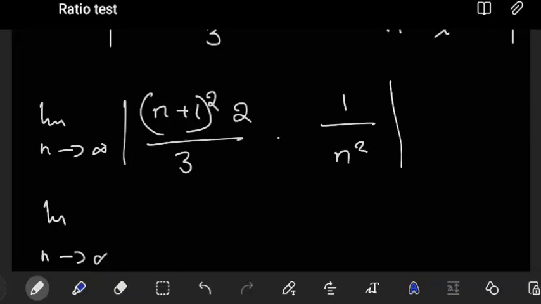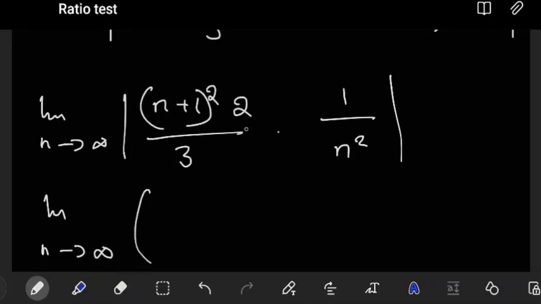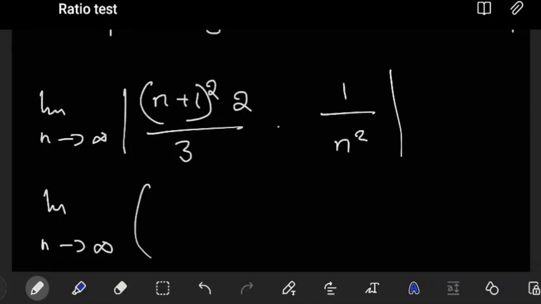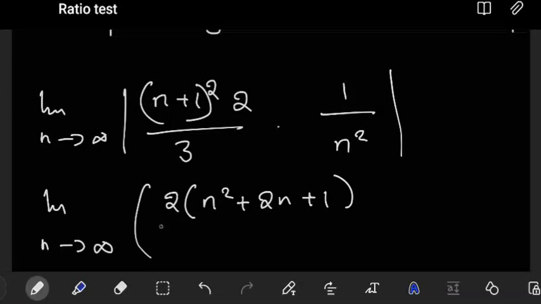This is now just to the infinity. And then I can actually expand that square there, so that in the end, I have 2 multiplying n squared plus 2n plus 1 in the numerator. Then the denominator, I can have 3n squared.